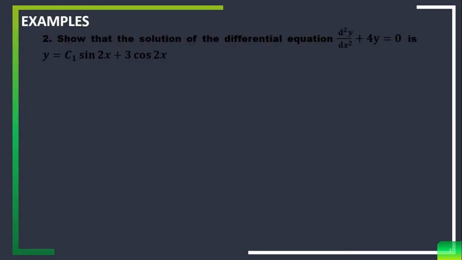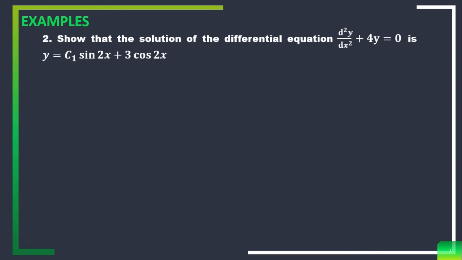Okay? Next example. Show that the solution of the differential equation, the second derivative of y with respect to x, plus 4y is equal to 0, is y is equal to c sub 1 sine 2x plus 3 cos 2x. So, we'll verify again if this given solution will satisfy our differential equation.